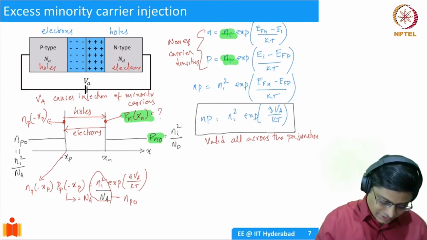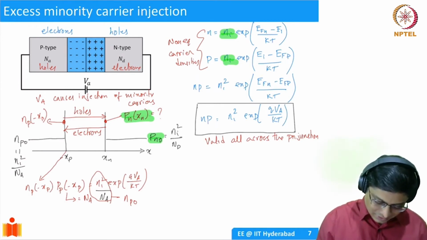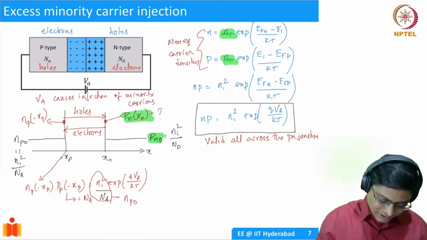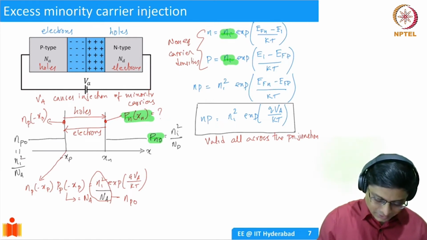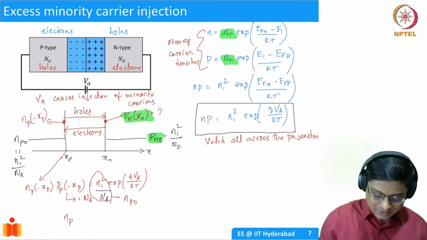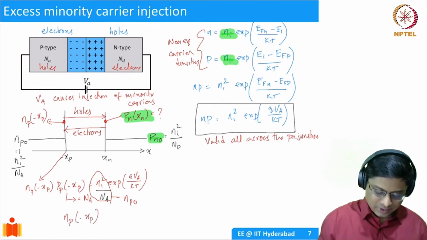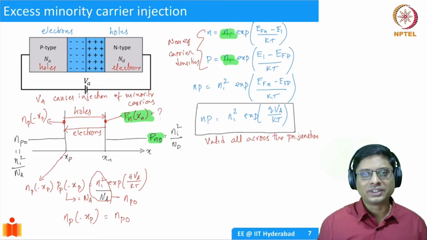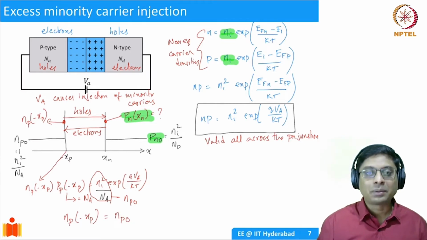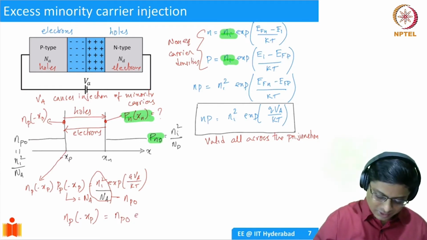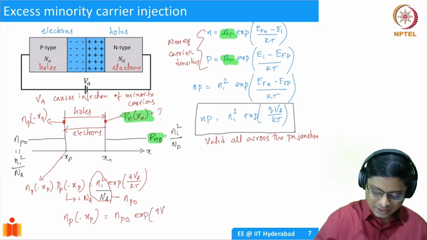With all the rearrangements, just take a moment and analyze it yourself. This is fairly simple. Basically what we are saying is np at minus xp, that means at the edge of the P region, is going to be the equilibrium electron density multiplied by exponential of qVA by kT.